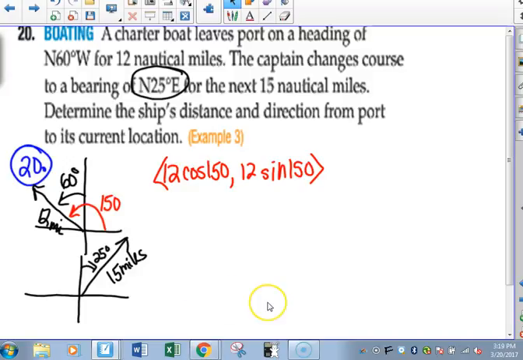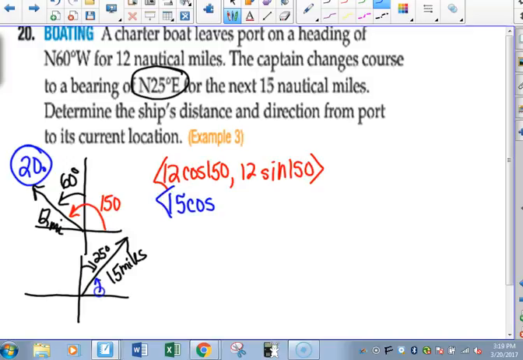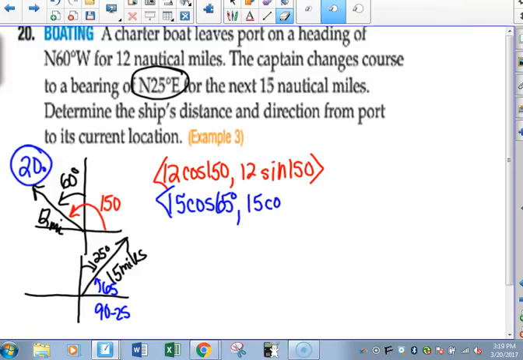But the method we're doing, we're just going to type 15 cosine of what, though, guys? 90 minus 25 is 65. Did you draw it in the wrong quadrant? Whoops, sine, not cosine.